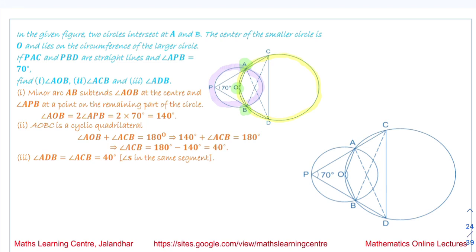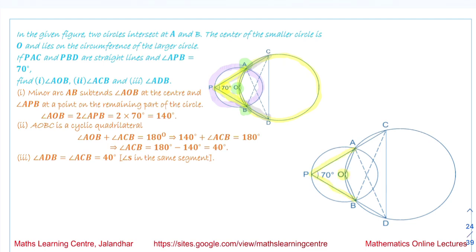Now PAC is a straight line, it is not an angle, and PBD is also a straight line, and angle APB, we are talking about this angle over here, is 70 degrees, then we have to find angle AOB. So we are saying this angle APB is 70 degrees.